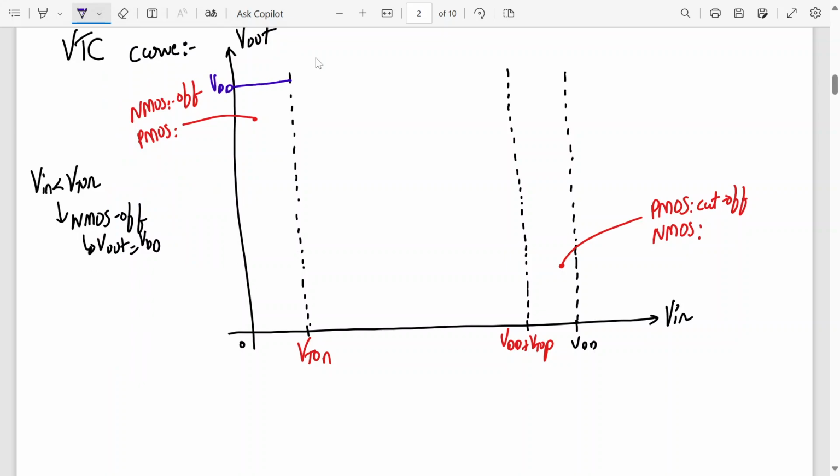After that, what will happen? PMOS will be in the linear region because VDSP is becoming 0, right? They are equal, so the output will be VDD only.